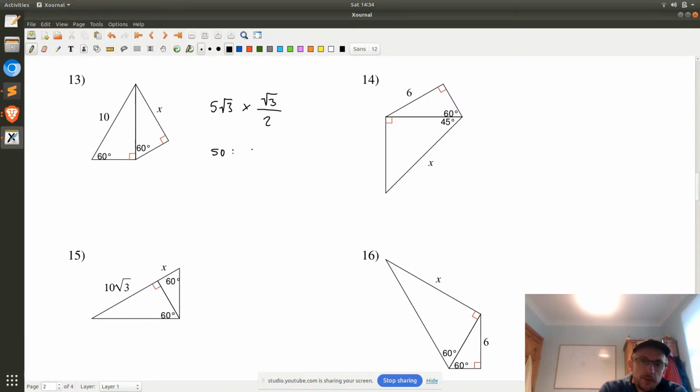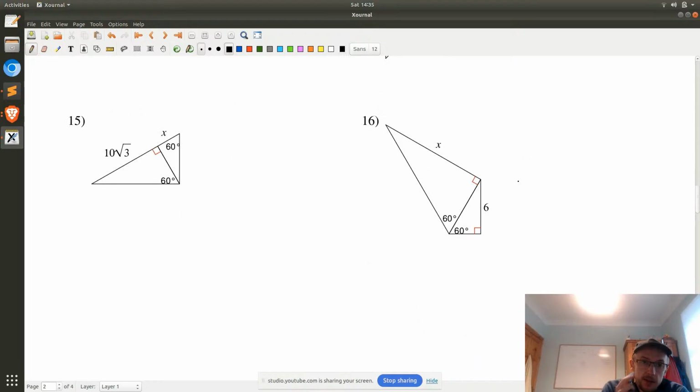All right, so 5 times 3, so 15 over 2. Now, that's the stand-in for root 3, so divide it by root 3 and then times it by 2. And then times all of that by root 2. So you get 12 root 3 over 3, which is 4 root 3, and then 4 root 6 should be that x.